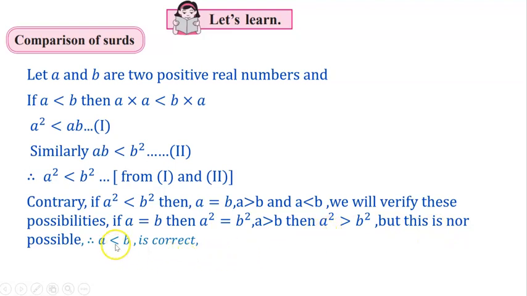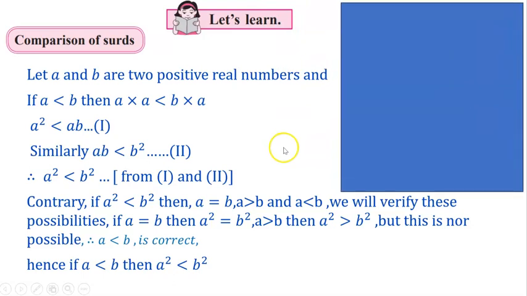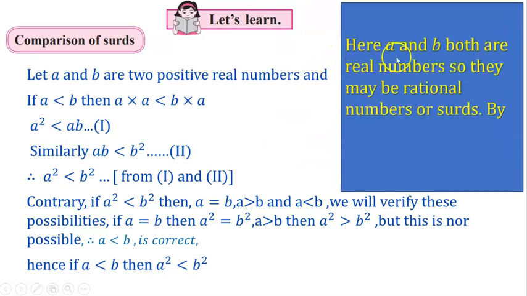Therefore, the correct possibility is that if a square is less than b square, then a is less than b. Hence, if a is less than b, then a square is less than b square. And hence, we say that a and b are both real numbers, so they may be rational numbers or surds, by using these properties.